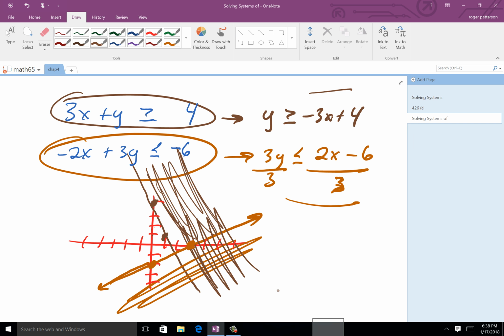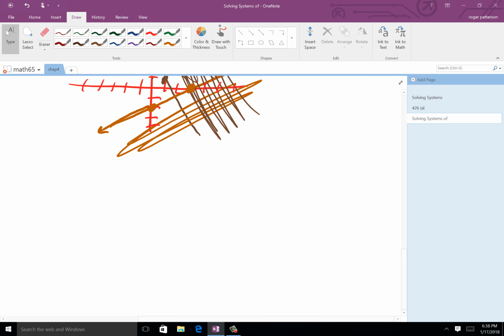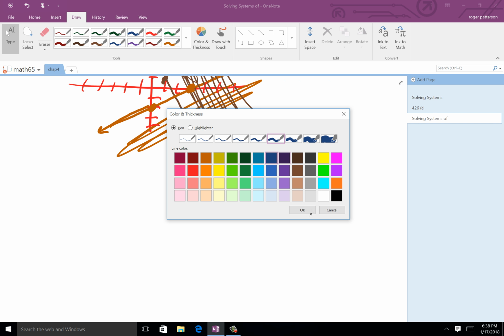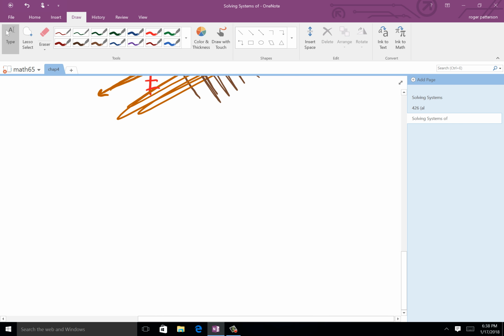Any questions on what we're doing so far here? The first one was like one of the examples, and the second one I made up. They might have something like this, where you have x is less than or equal to 2, and y is greater than or equal to negative 1.